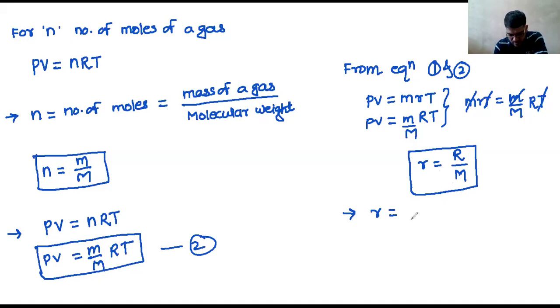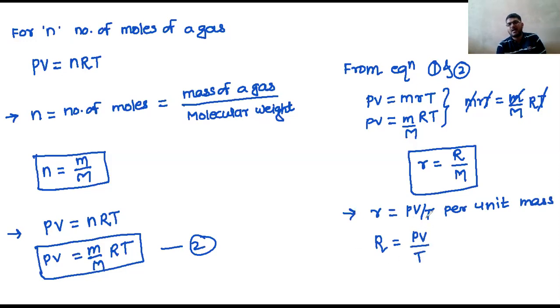This small r is equal to, I am writing like this, PV by T per unit mass. And here this capital R is equal to PV by T only.